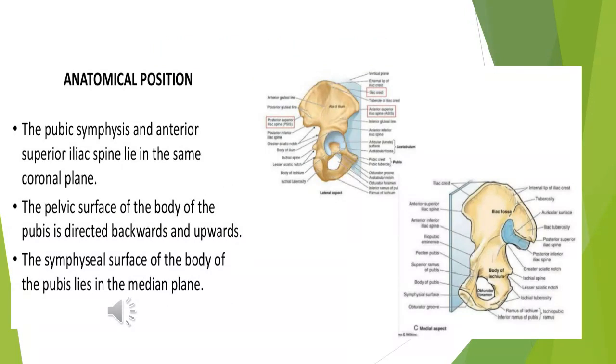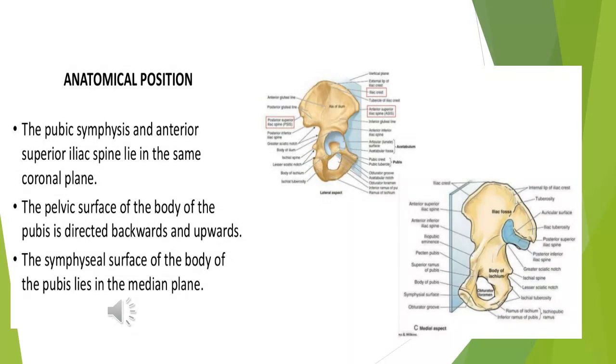So the pubic symphysis and the anterior superior iliac spine lie in the same coronal plane. If we fix the pelvis against a wall or any plane surface, the anterior superior iliac spine and the pubic symphysis should come in the same coronal plane.